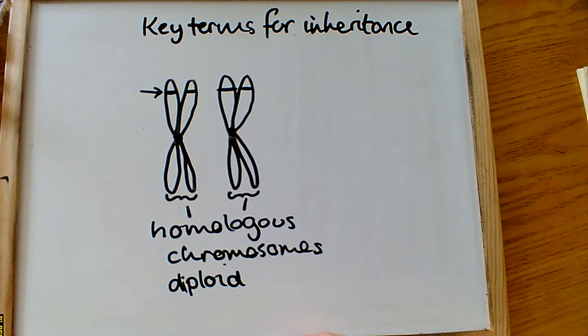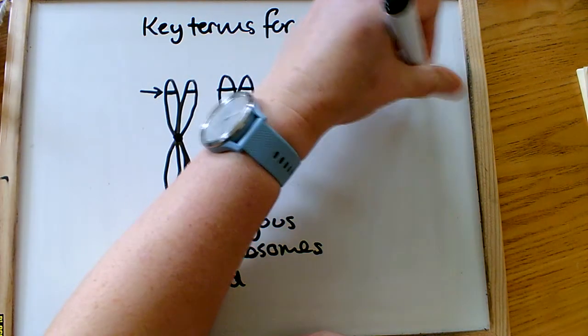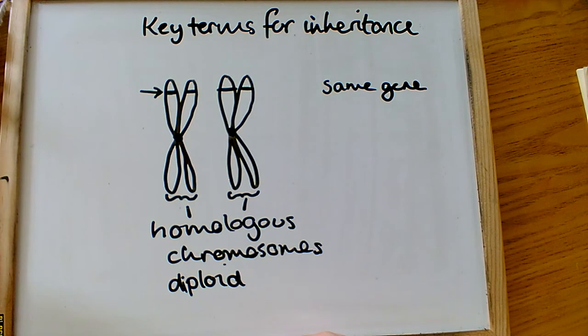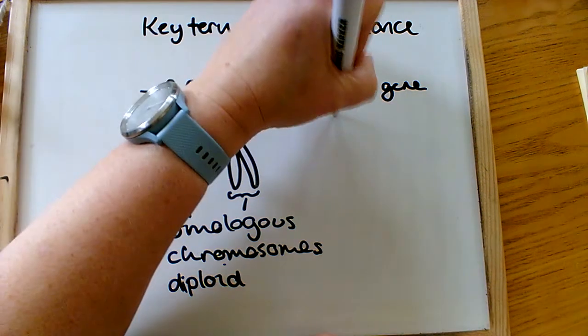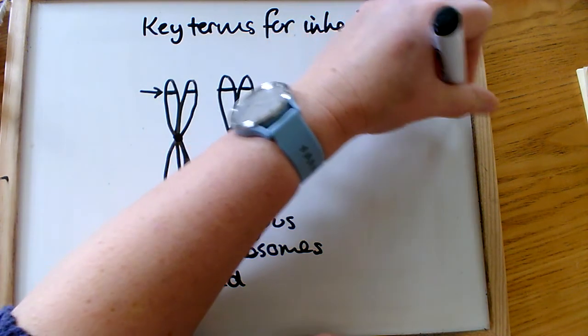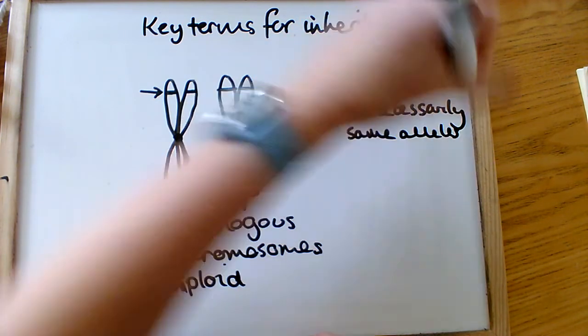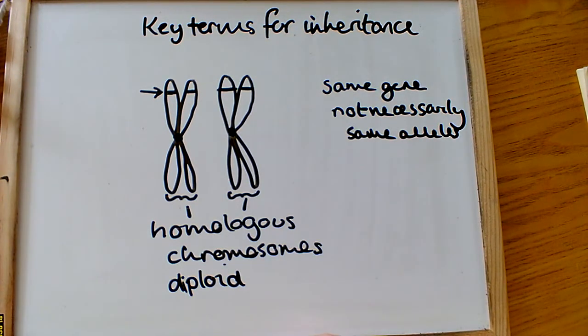Same gene, controlling the same characteristic. However, in homologous pairs they don't have to be the same alleles.